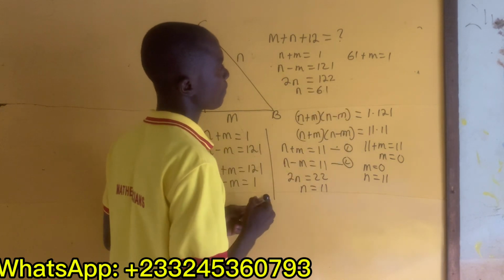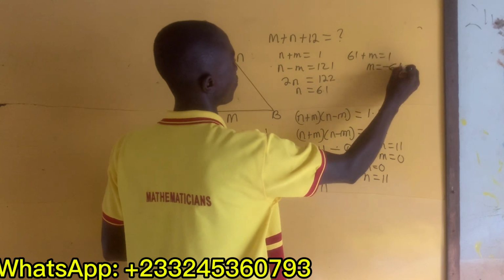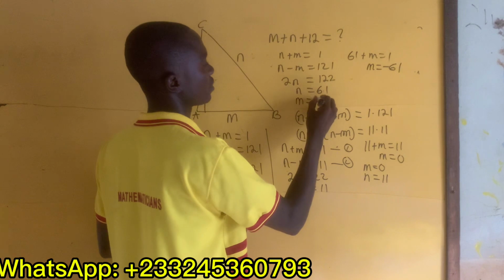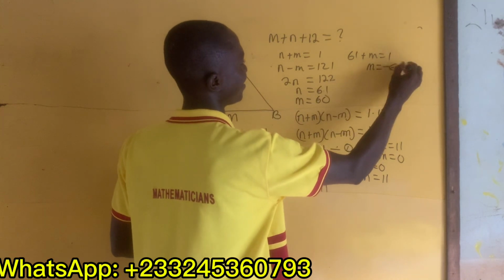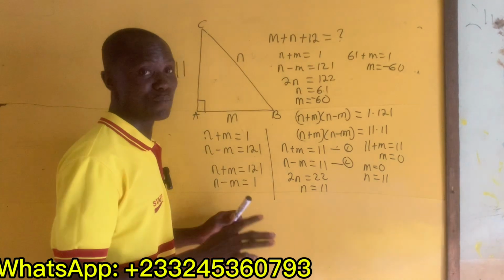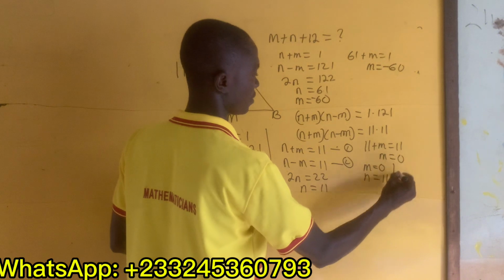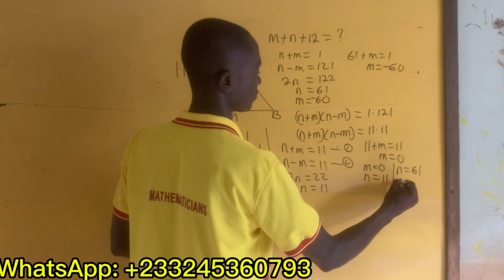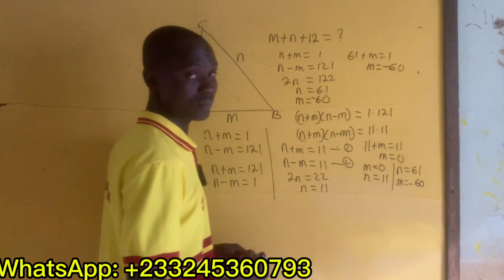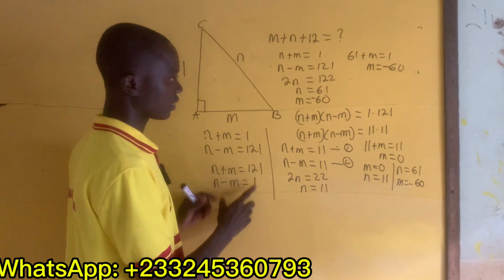Then I get m equal to negative 60. So we have n equal 61 and m equal negative 60. That one is also an option. Let it be.